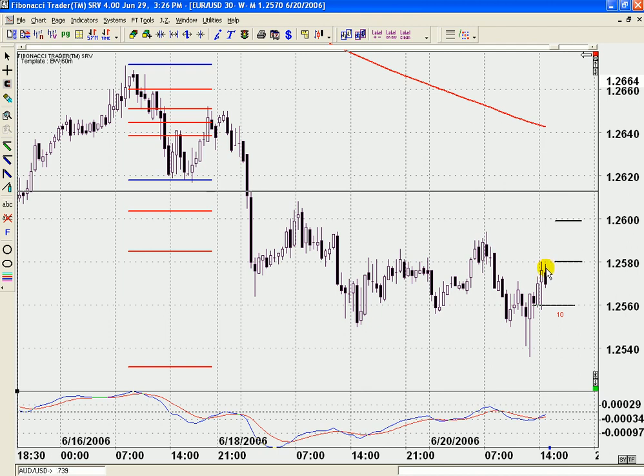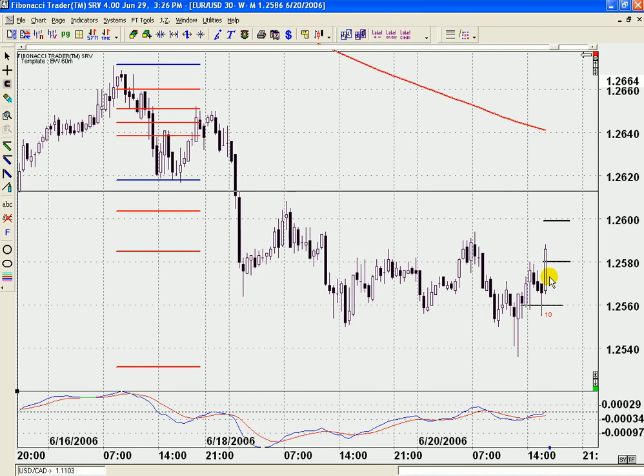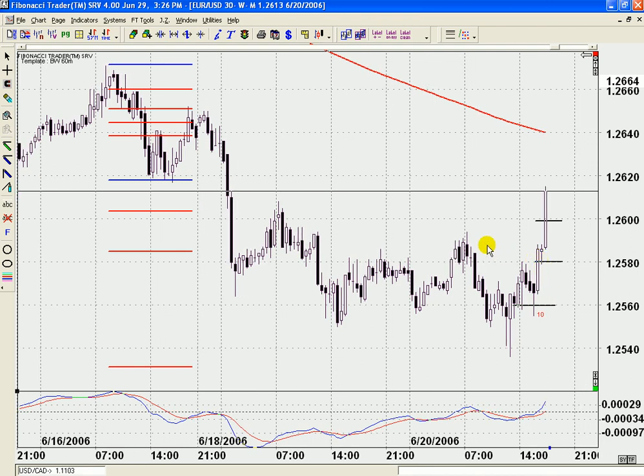You take out 7 lots at 20 pips. Then we watch for price to get to the second profit target. You take out 2 lots at 2600.